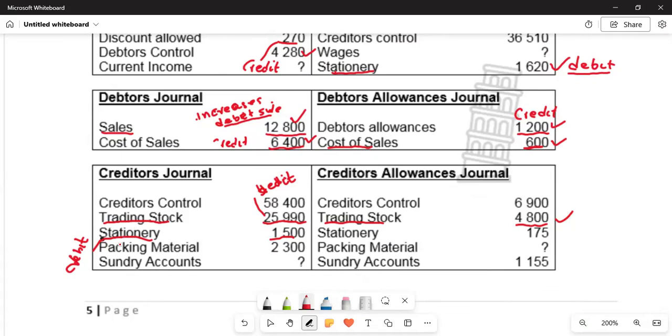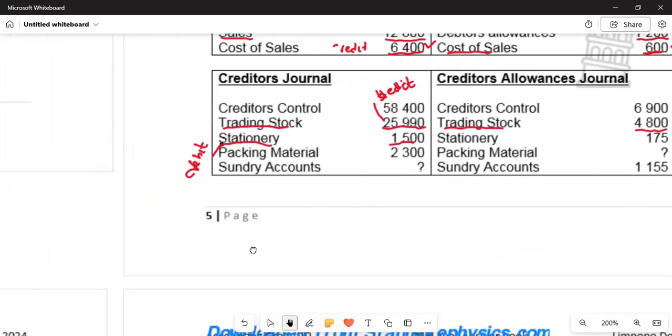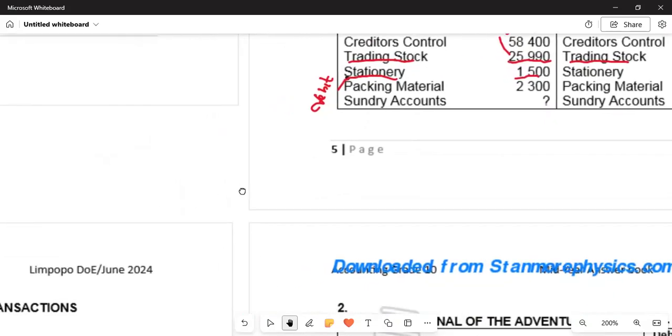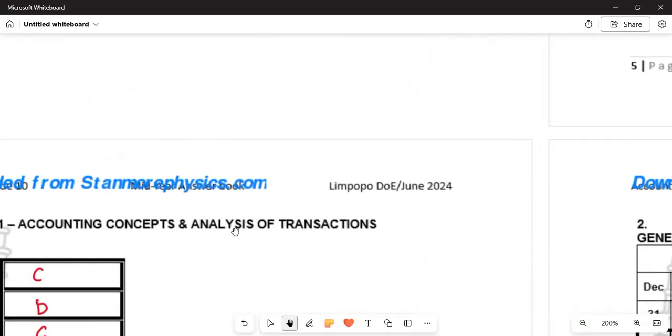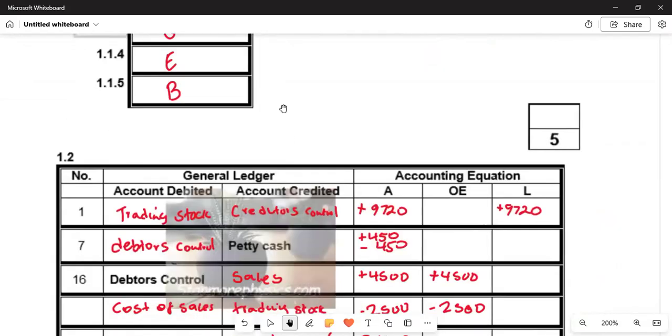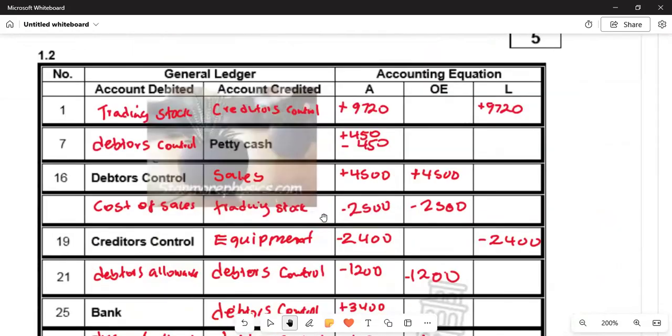Also, now we want to see whether we bought our stationery by petty cash.